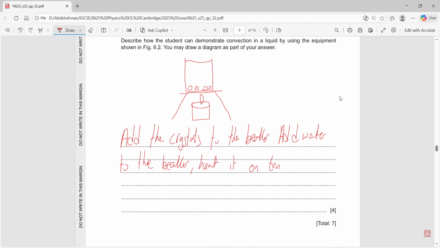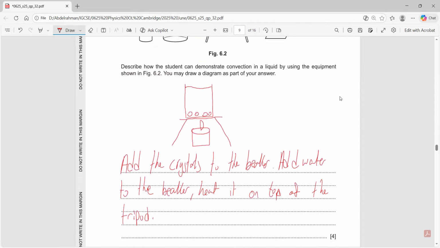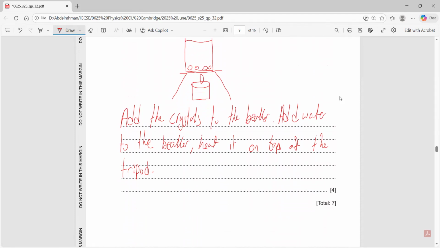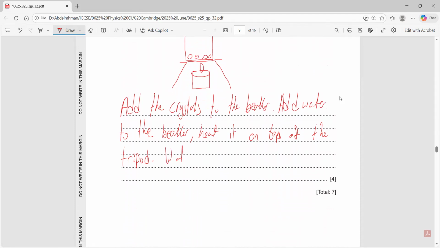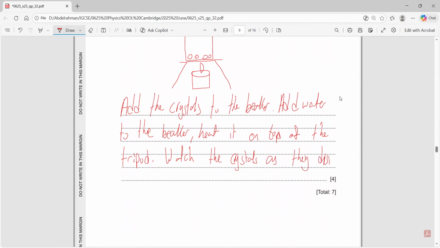Heat it on top of the tripod, right? And then watch the crystals as they dissolve. That's all you need to do. Watch the crystals as they dissolve and move in hot water.